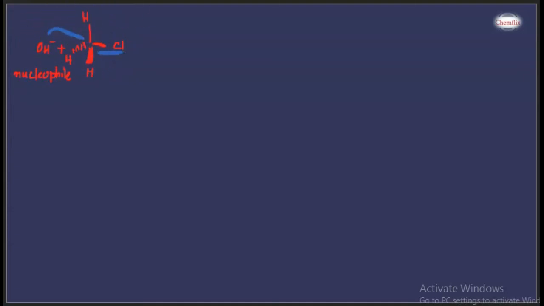I'm going to change the color. I will draw it here, I will show you. All of this takes place in a single step. So what happens here is this OH is approaching this carbon and the bond to Cl starts to break. Here you can see this one is the dashed hydrogen that is pointing away from the viewer, and this is pointing towards the viewer, and this one is the hydrogen that is in the plane of the paper.